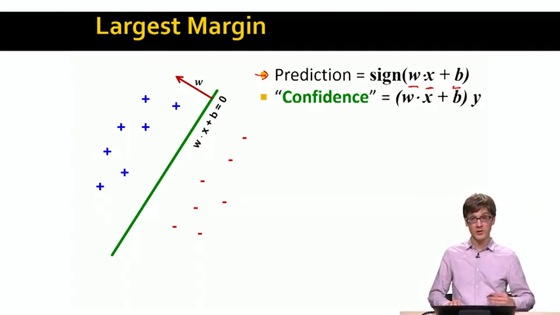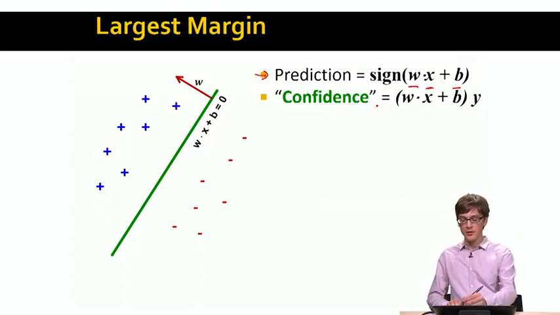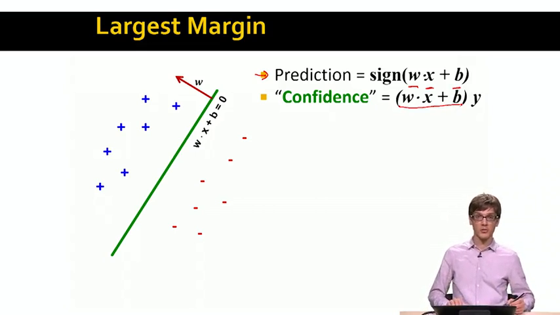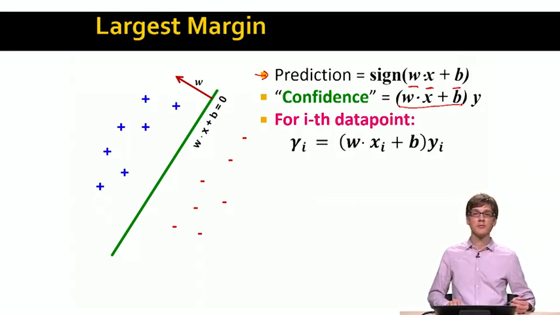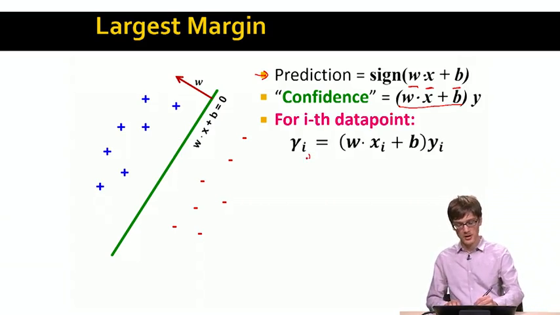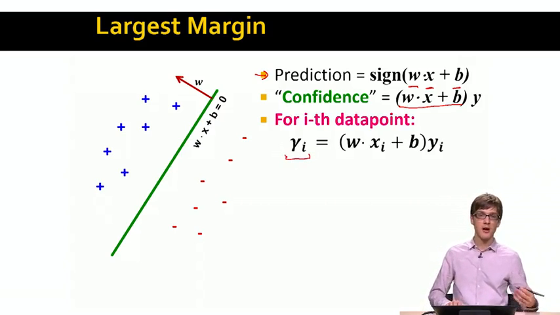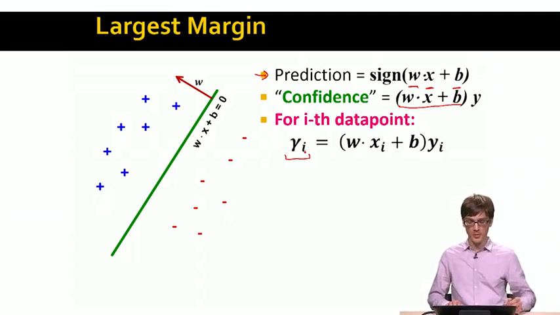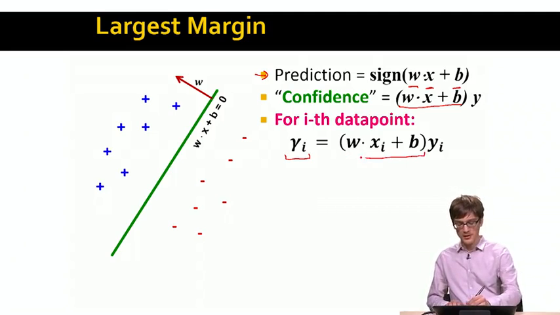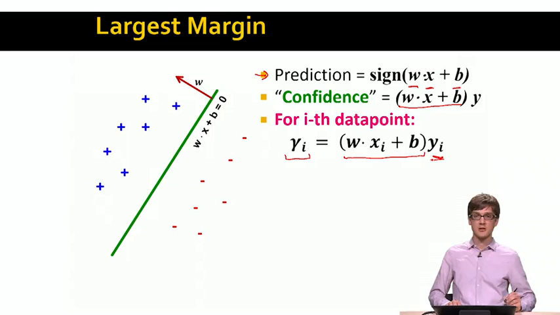So now we also just computed the confidence in our prediction. Confidence is simply the value of this whole term. So if we want to know our confidence in the prediction of the ith data point, our margin for data point i, gamma of i, is simply the confidence in our prediction times the class of that prediction.